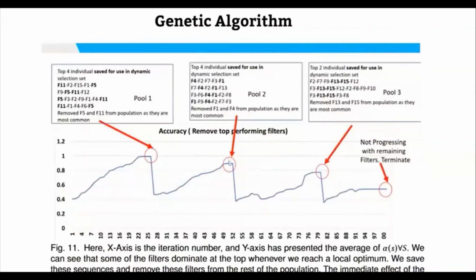And when it reached a certain point, I did the same operation again. I take the best performing sequences and remove the most common filters from there. So F5 and F11 were not present in this sequence, and here F4 and F1 were not selected in this sequence. So 3 different pools were collected, and every time we give one from each pool for the input filter detection.